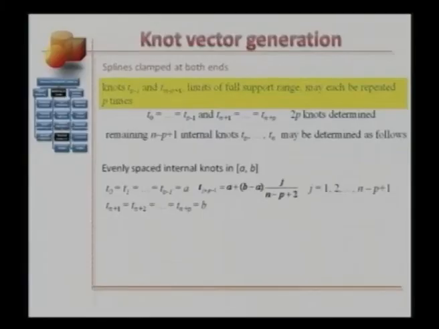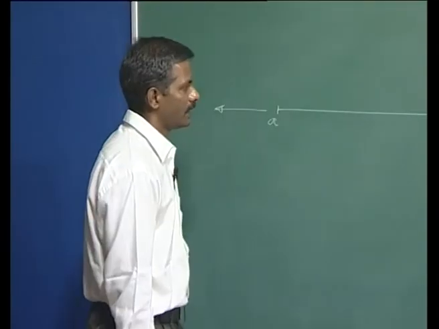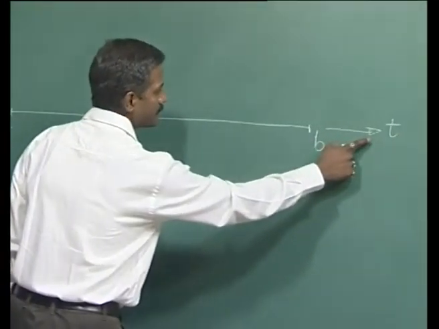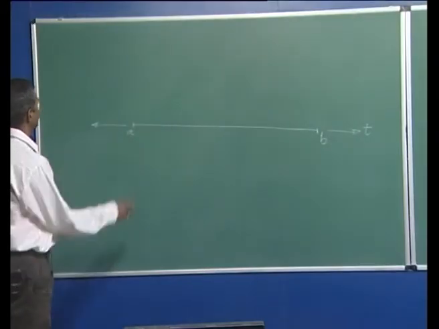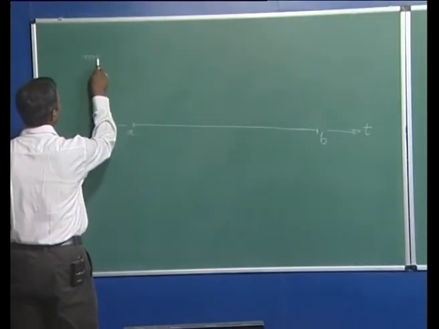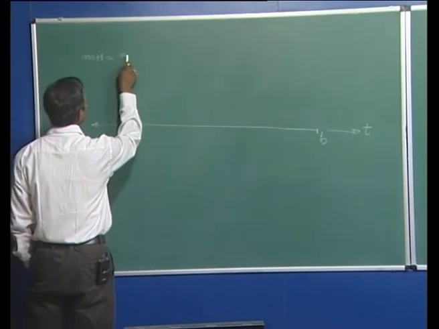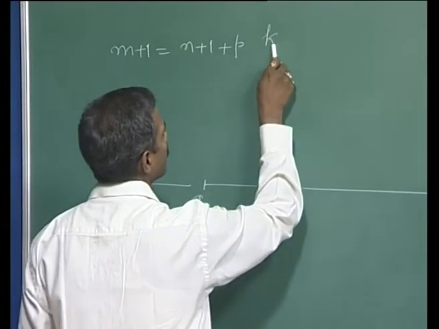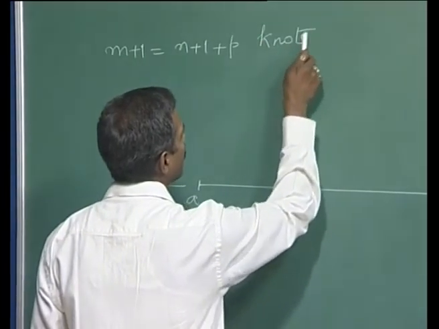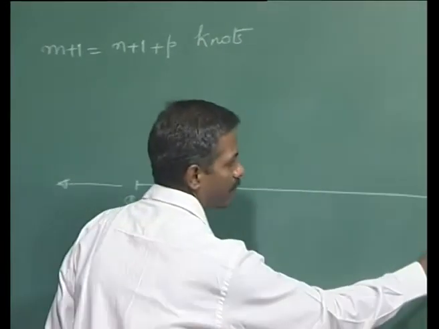Let's try to visualize what's happening here. So we have the parameter axis here, and we are trying to fit m plus 1 equals n plus 1 plus p knots within the interval given by AB.